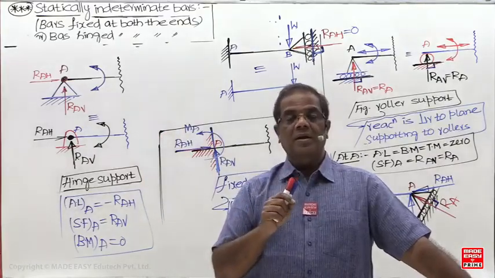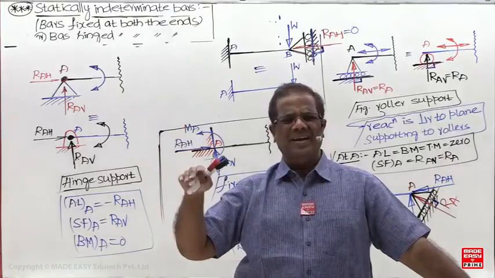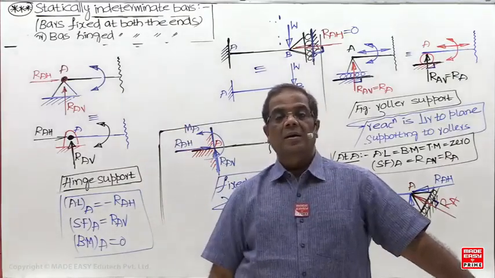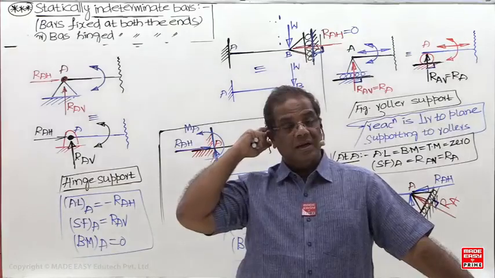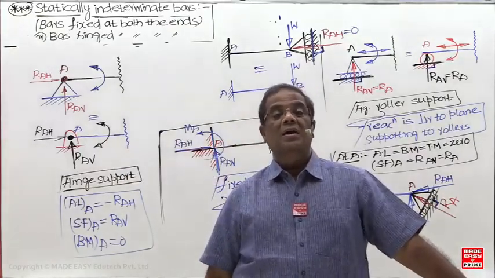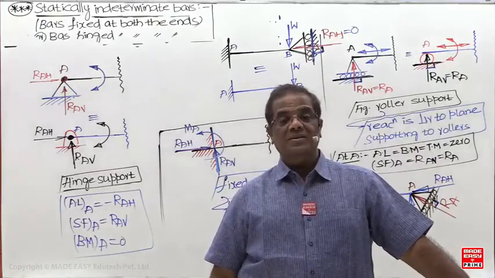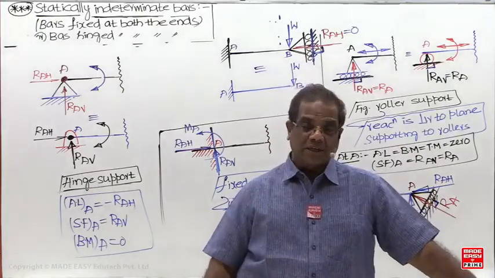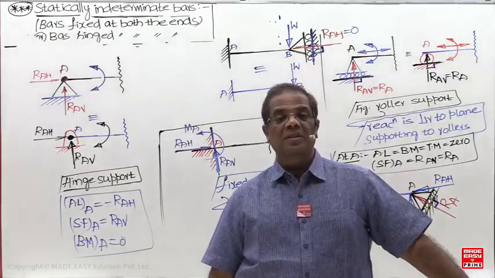Third statement, at simple support, both shear force and moment reaction are non-zero, bending moment is 0. Moment reaction is non-zero and bending moment is 0. Last one, the moment reaction is 0, but the bending moment may or may not be 0.